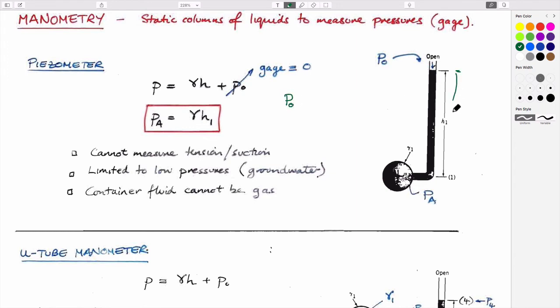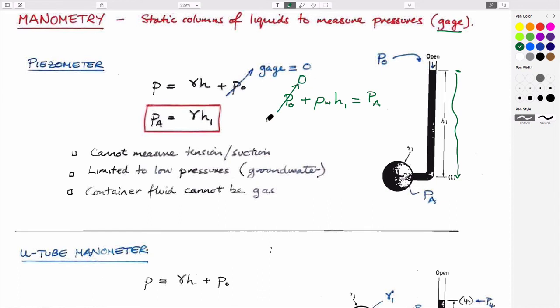We go down from this point to this point here, and we do that by adding the unit weight, the density of the liquid, say water, multiplied by H1, and that is equal to PA.